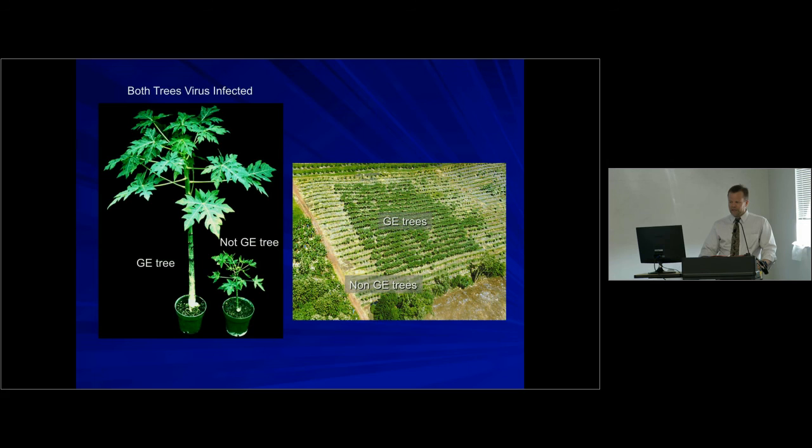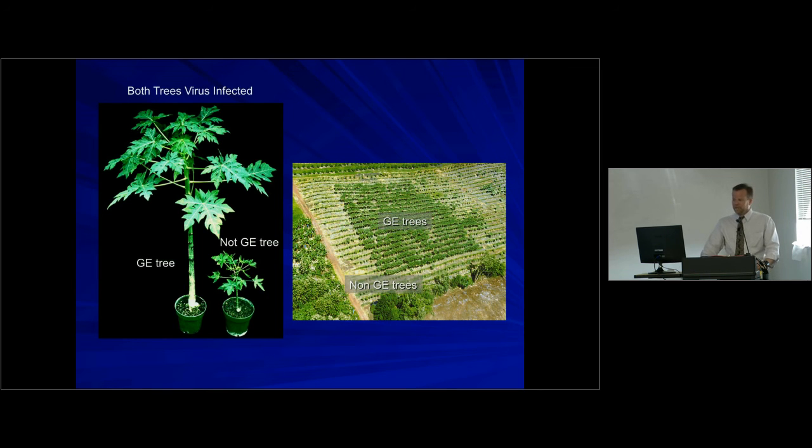Here are two infected trees, one that's protected, one that's not, in a field of protected trees versus those that aren't. This was a great example of how you could use RNA interference, basically breaking the thumb drive of that process to be able to create trees that would protect themselves from disease.